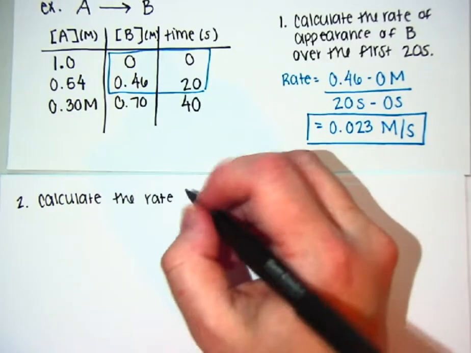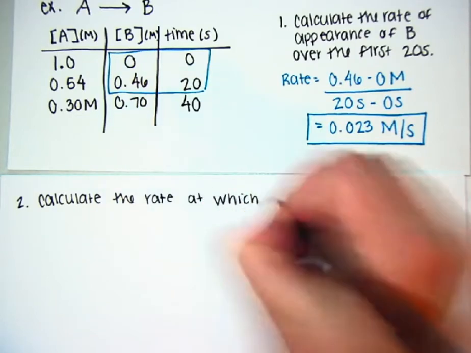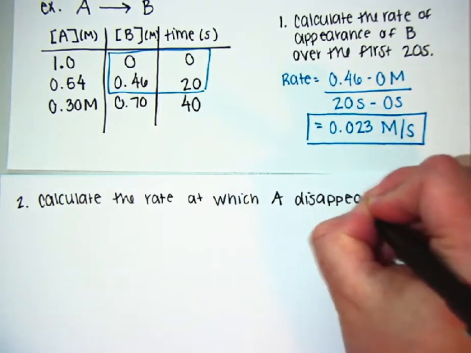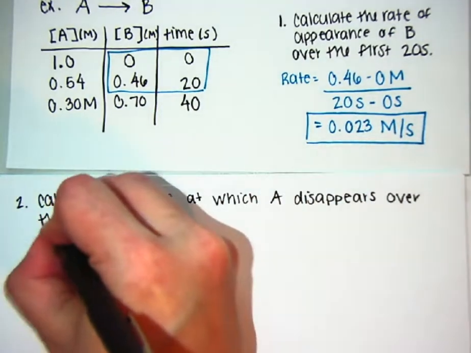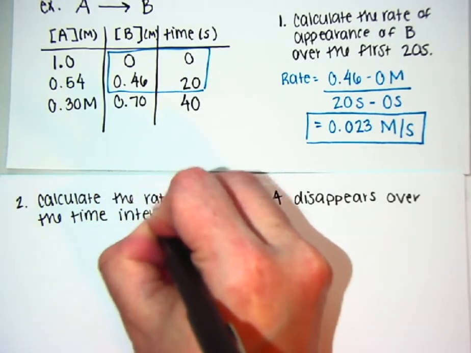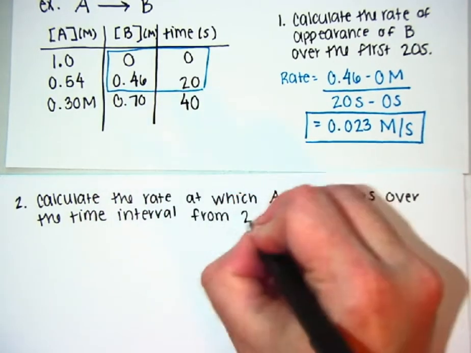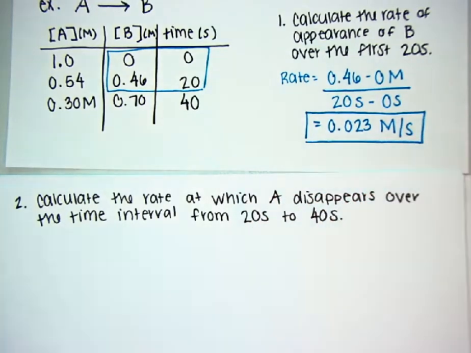Calculate the rate at which A disappears over the time interval from 20 to 40 seconds. Calculate the rate at which A disappears over the time interval from 20 seconds to 40 seconds.